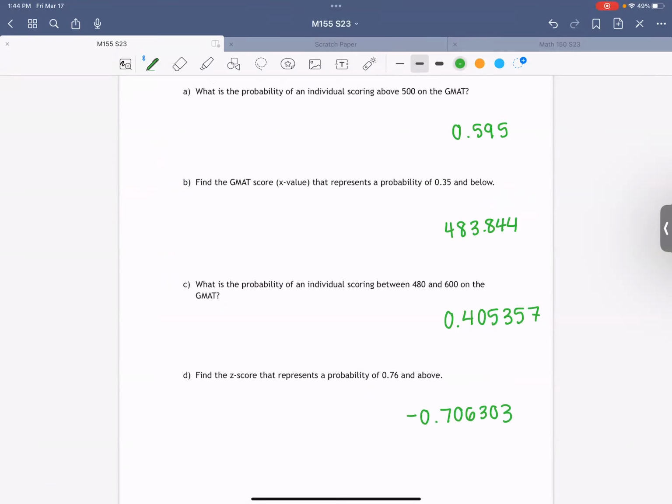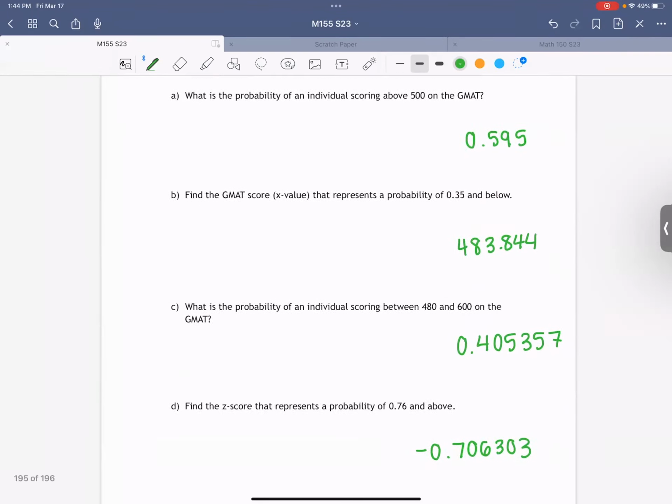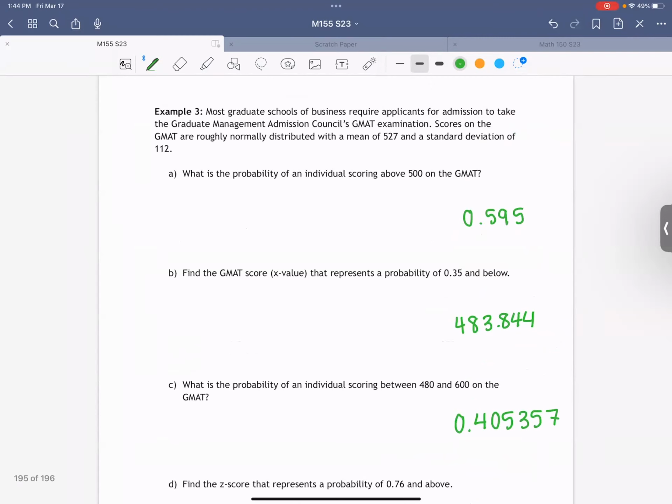They want to hit on B. Yeah, let's go to B real quick. Okay, so this one's asking for an x value. So do you think it's inverse or cumulative? Definitely inverse, right? So inverse cumulative.